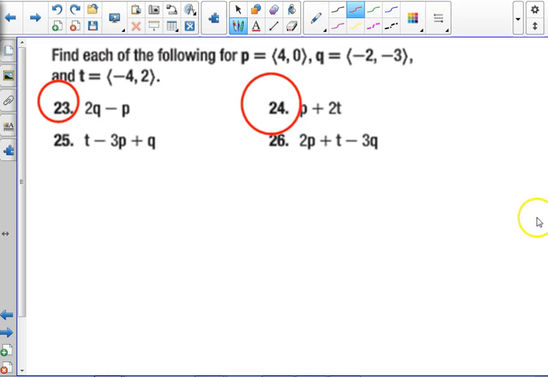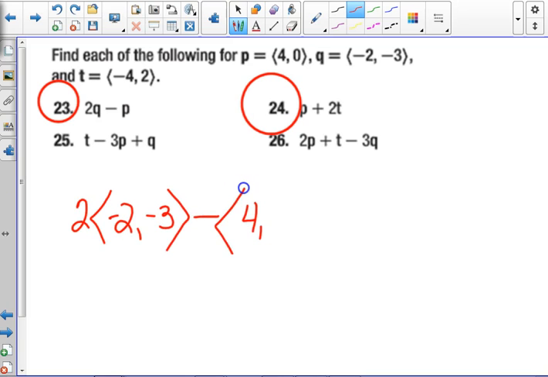Do we need to do these together or you want me to skip them? Do 23 maybe or do 24? I don't care. 2 times Q. So that's 2 times, and this is where I always use the wrong points. Make sure you write down Q is this guy. And then it says subtract P, which is this one.